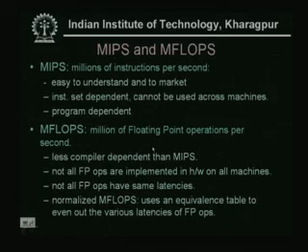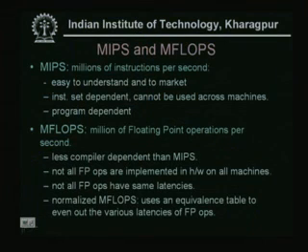Now, before we go into details of the RISC instruction sets, we define MIPS and MFLOPS. MIPS is millions of instructions per second. As we are discussing the design of computer instruction sets, how many instructions can be executed per second, or per unit time, is a very important thing, because the speed of the processor depends on that.